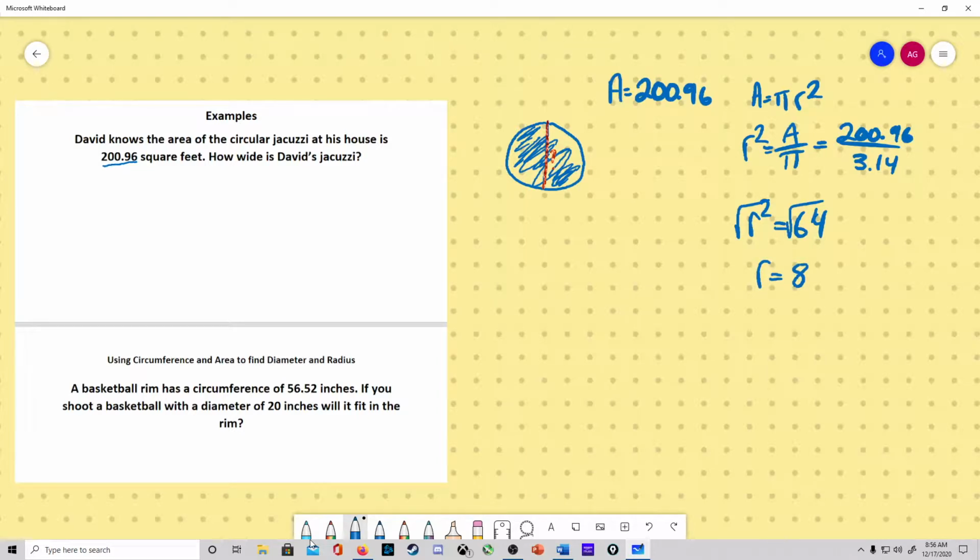So now if I know r, then I can tell you what diameter is, because diameter, if we remember, equals 2 r's. So diameter equals 2 times 8, which is going to give us 16 for our diameter. And we should use units, so it's going to be 16 feet. So that jacuzzi is going to be 16 feet across.